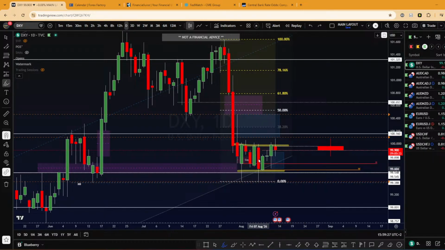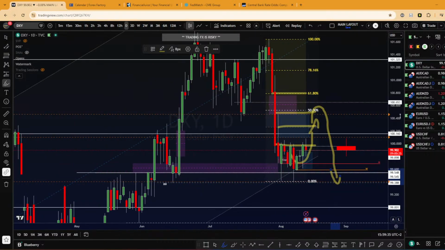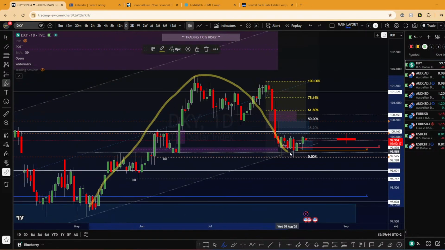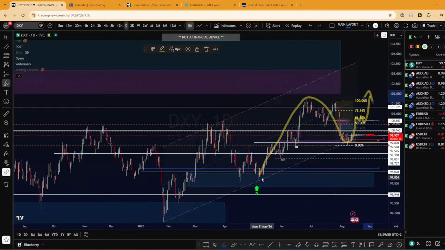We need price to rebound a little bit, maybe target this level or this imbalance, maybe before dropping again, or simply this could be a continuation, something like that, to a realignment in the higher time frame trend.